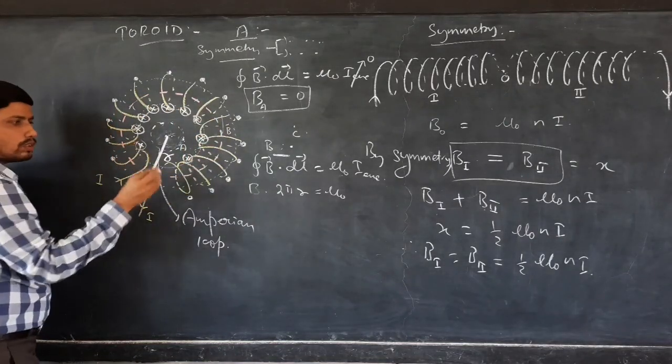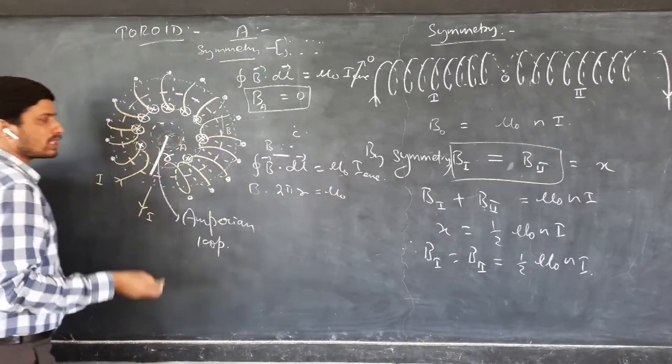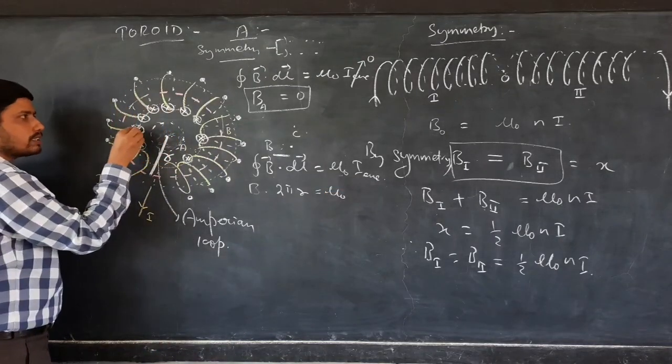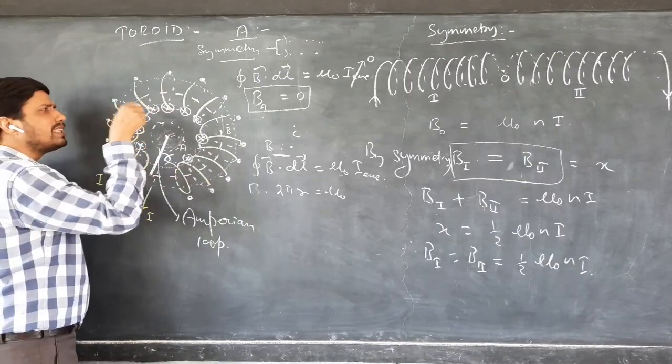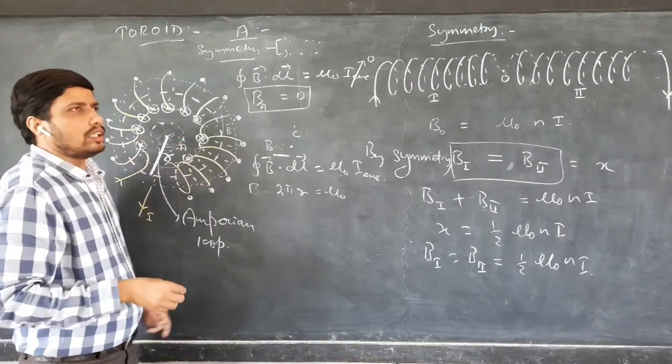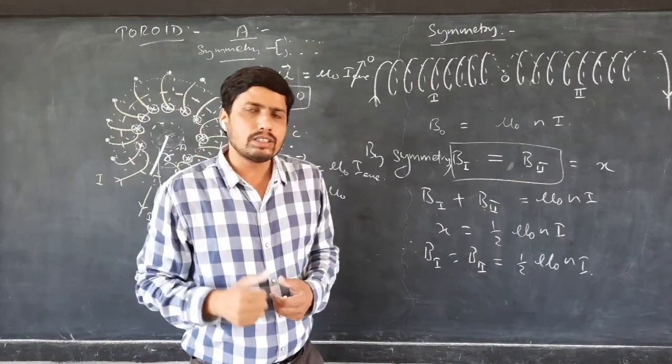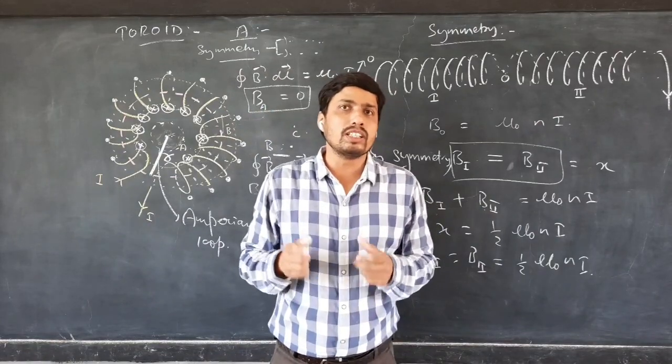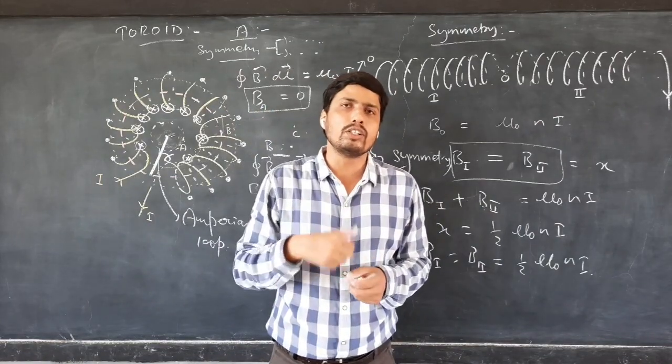So we have to write in place of I enclosed the total amount of current: I plus I plus I. Now how many times will current enter? The number of times current enters is equal to the number of turns in the toroid.